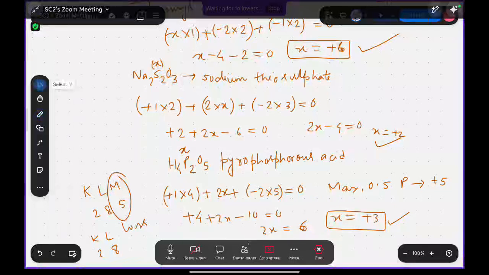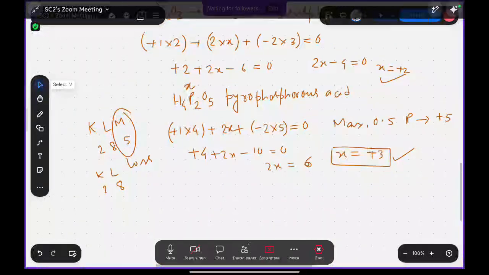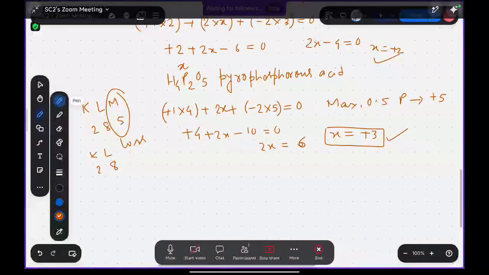Now let's take another example. Say I choose an oxy acid of chlorine, for example HClO4. In your junior classes you have only learned about HCl, hydrochloric acid. Chlorine can also form oxy acids: HClO4, then HClO3, then HClO.